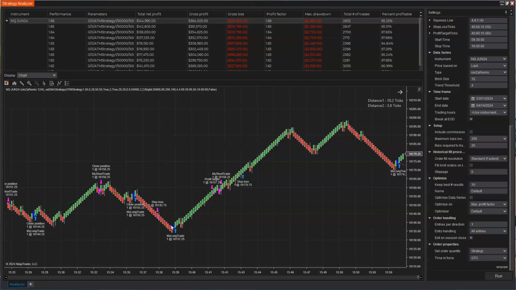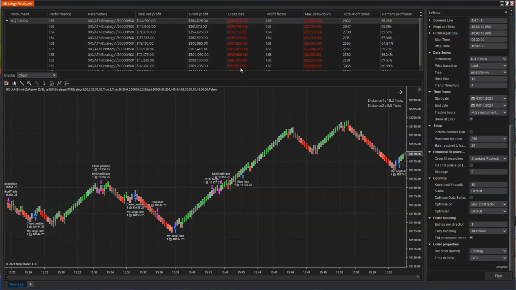In backtesting and playback, it assumes that you got a fill as long as the contract traded at that price. But in reality, not getting a fill is a function of how many orders were there, how fast the market was, stuff like that.